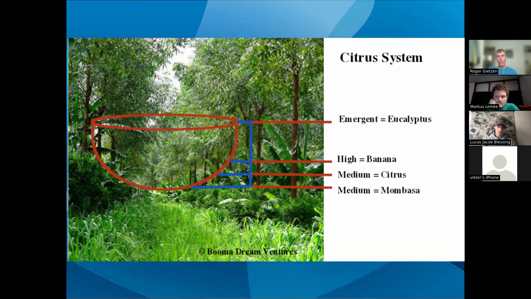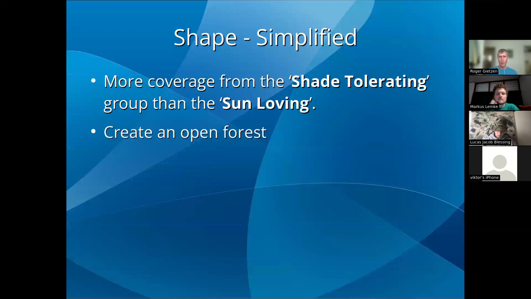Then there's really not a low species. There's citrus and Mombasa, which are medium and medium. So you don't even have a low, but you still see the shape is what's maintained. That's where I came to the conclusion that it's okay to play with the different stratums as long as everything's green and the shape works. So I wanted to include a couple of those images.